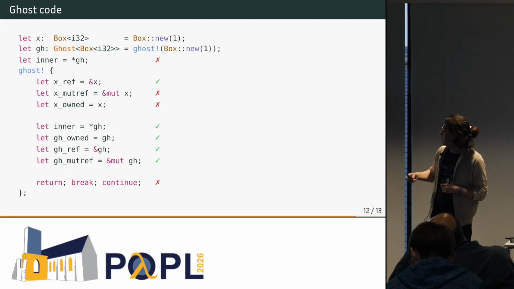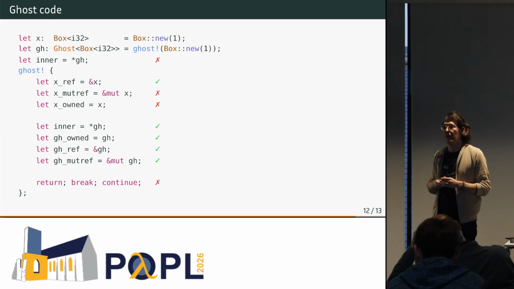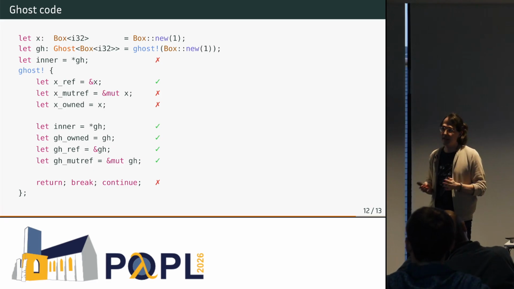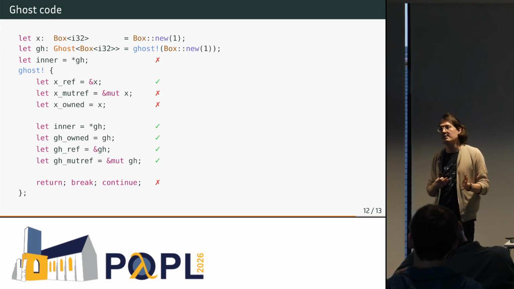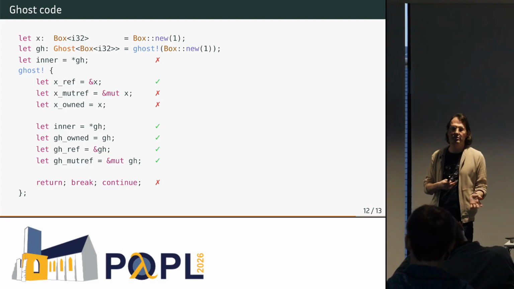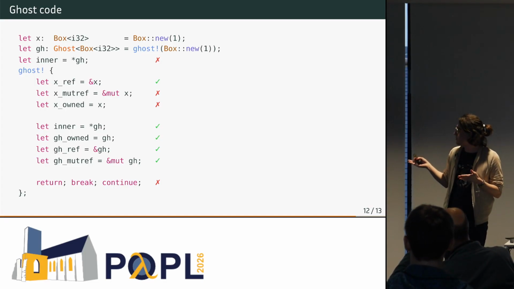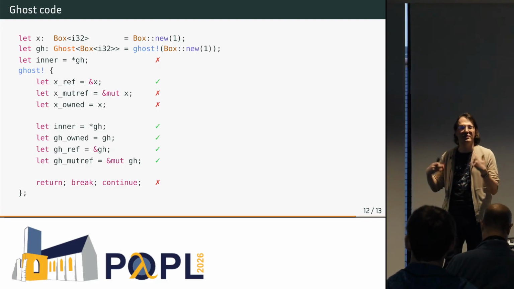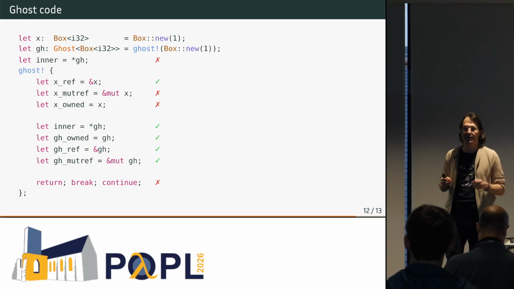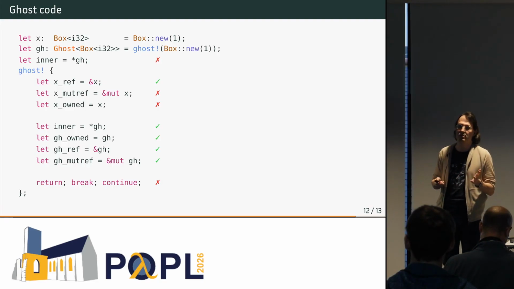Although you can do whatever you want with it inside of it. As for normal programmable values, you can read them, but you can't write or move them into the block. And of course, you can't have control flow escape the block to the outside, as it would change the control flow of the program.